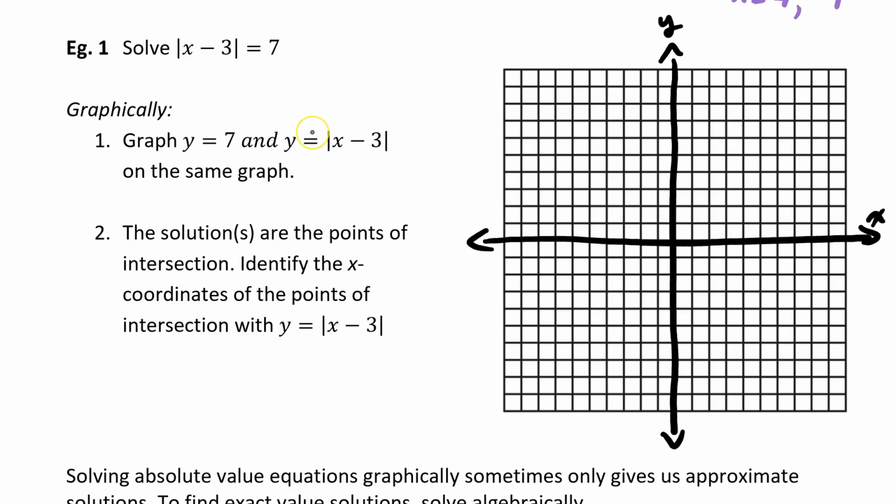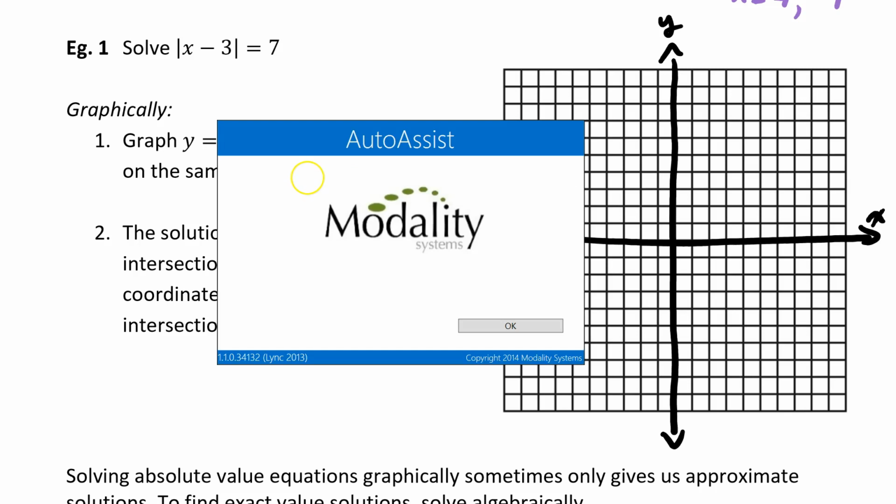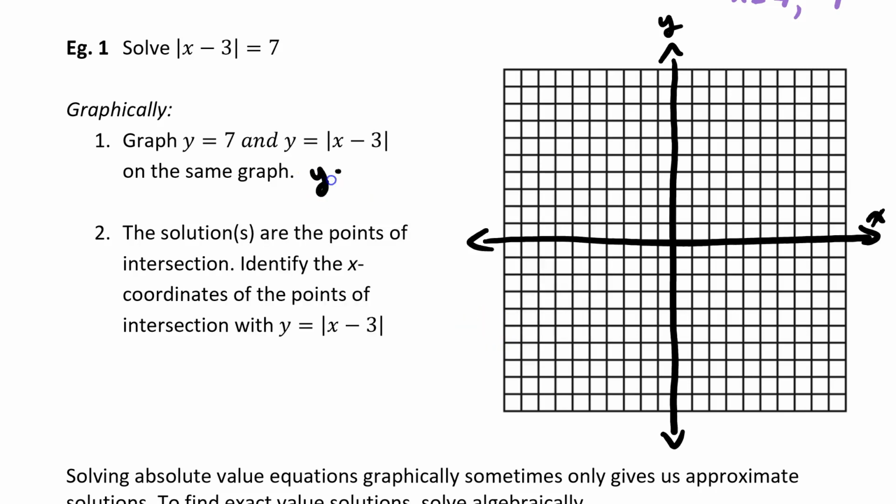So if I were to graph the line y equals x minus 3, I'm going to give my scale here 2 and 2. Negative 3 is my y-intercept, and I have a slope of positive 1, up 1 over 1, up 1 over 1. So if I were to graph this, like that.